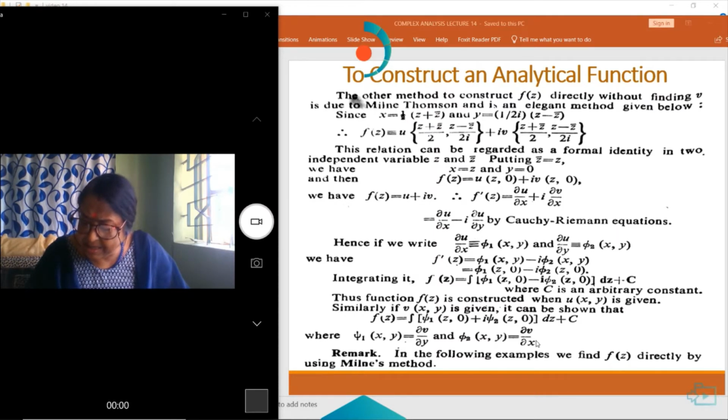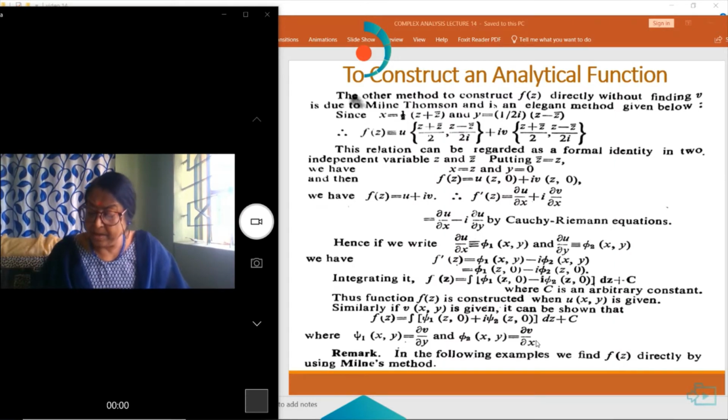So f'(z) = ∂u/∂x + i ∂v/∂x. Using the Cauchy-Riemann equation, this can be written as ∂u/∂x - i ∂u/∂y. Here ∂u/∂x can be written as phi 1(x, y), and ∂u/∂y can be written as phi 2(x, y). So f'(z) can be written as phi 1(x, y) - i phi 2(x, y).